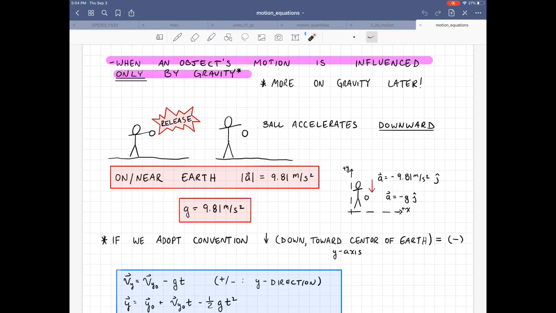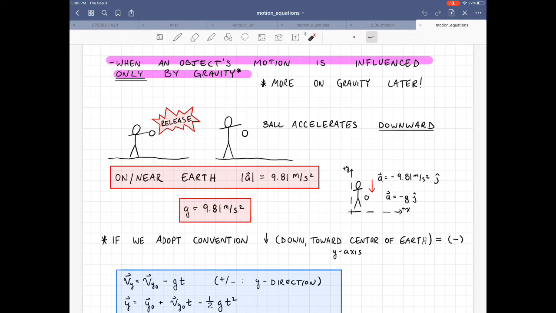On or near the surface of the earth, the acceleration due to gravity, so free fall acceleration, is 9.81 meters per second squared. That's the magnitude of the acceleration. Acceleration is a vector, so we need a direction. The direction is, well, typically we would say down, but towards the center of the earth.